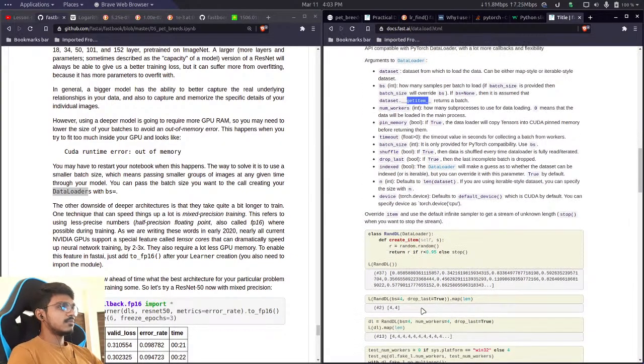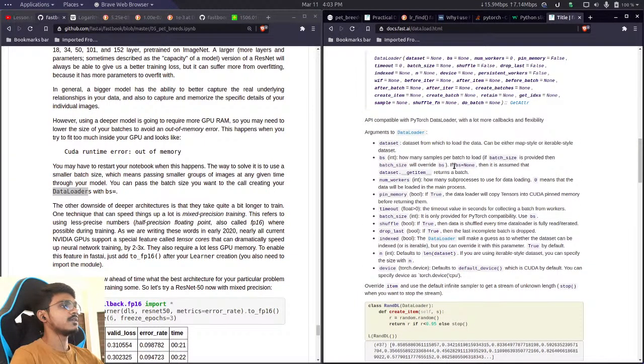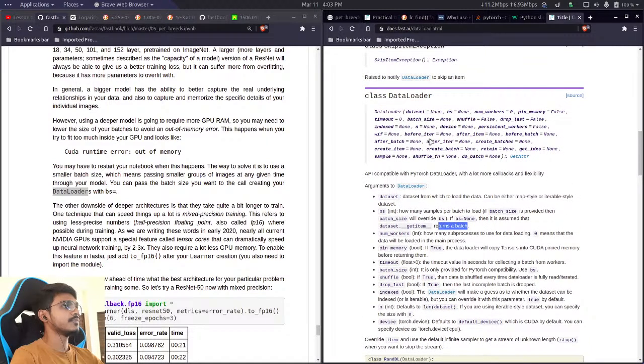What does that mean though? When it is None, dataset.__getitem__ returns a batch. So it is assumed that this getitem returns a batch.